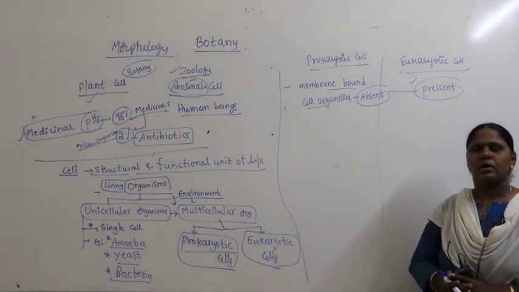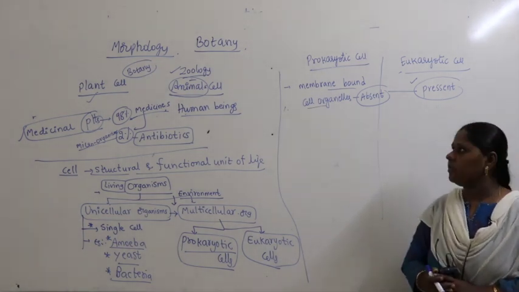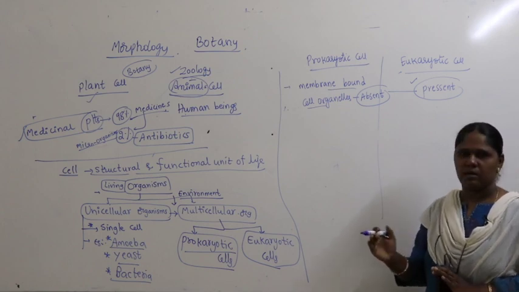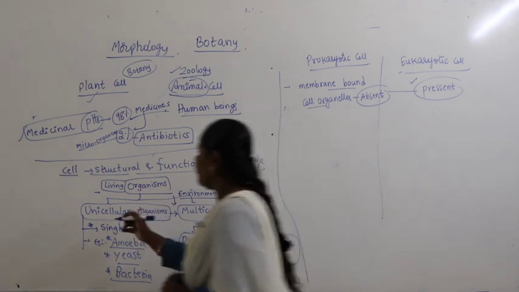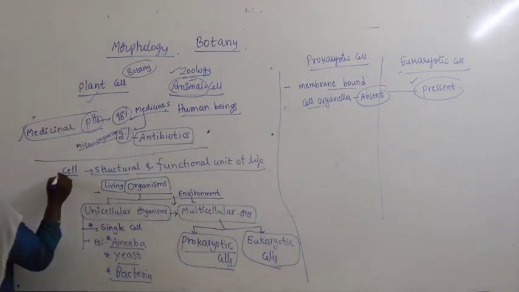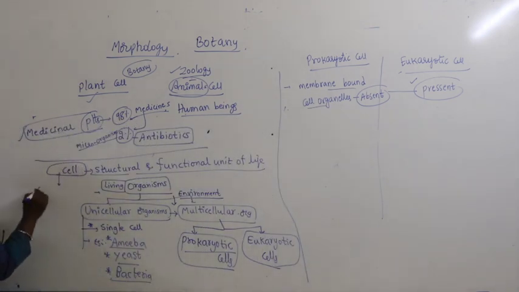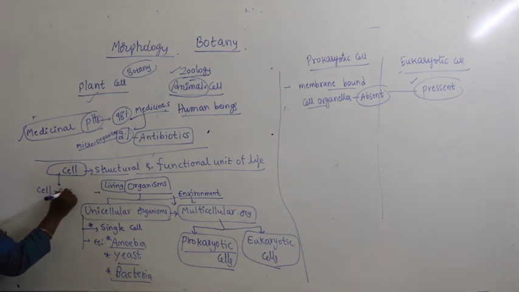Probably in your lower classes you studied the plant cell and animal cell. The cell is made up of different types of cell organelles. What are the different types of cell organelles?